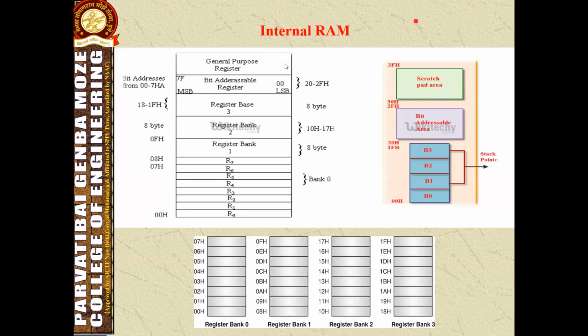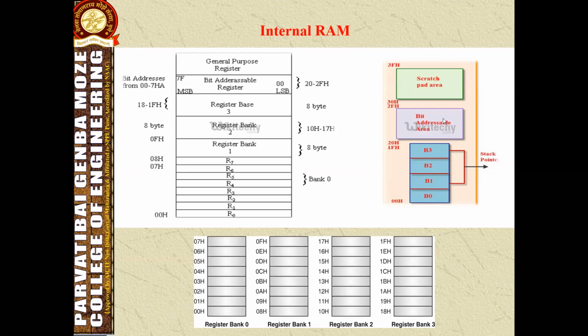So now we can see information about internal RAM. The internal RAM has 128 bytes, and it can be organized in 3 groups. The first group has 4 register banks of 8 bytes each. Here there are 3 groups.